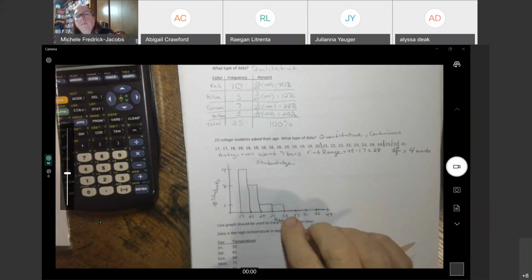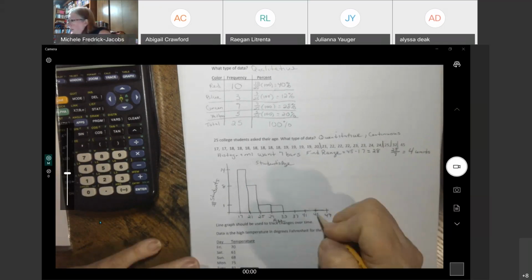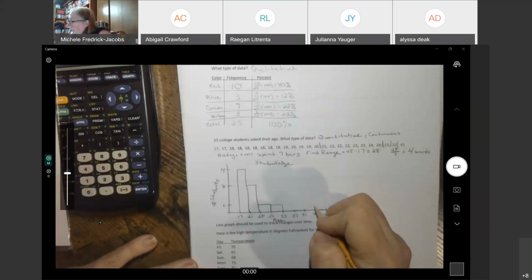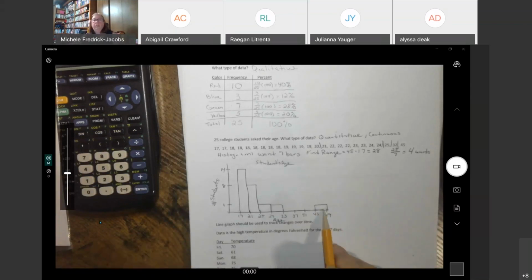And there isn't any more until 45. And 45 goes into the bar after it. So it would be here and not here. Any questions on that?